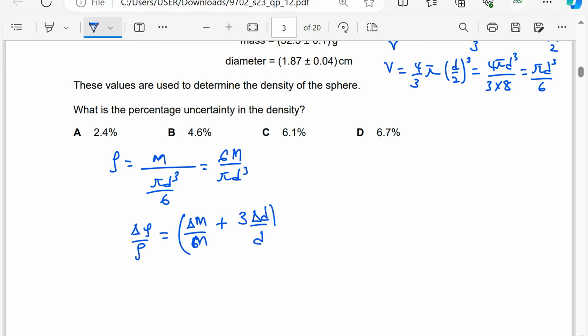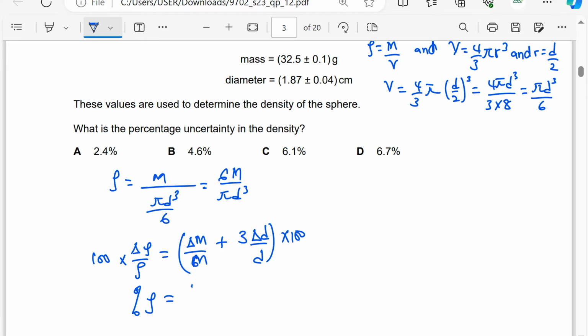So of course I can multiply this side by 100, and this side by 100, it is now percentage. So the percentage uncertainty in density is equal to, for the mass, 0.1 divided by 32.5 plus 3 times 0.04 divided by 1.87, and this is going to be multiplied by 100.